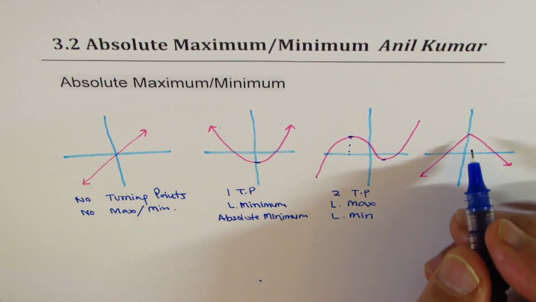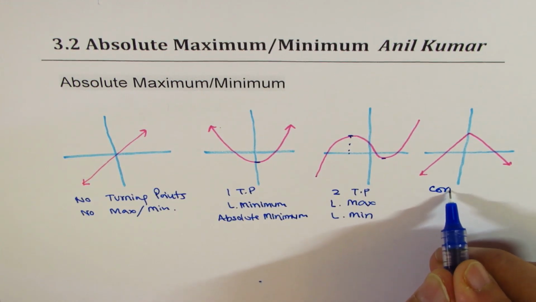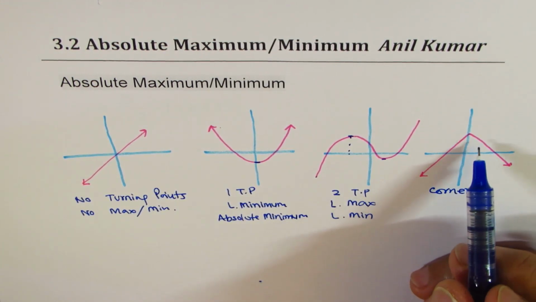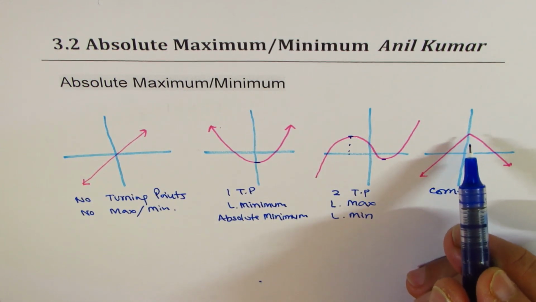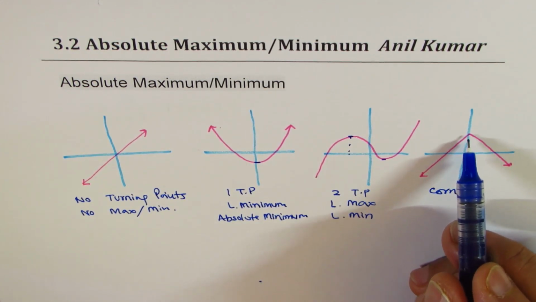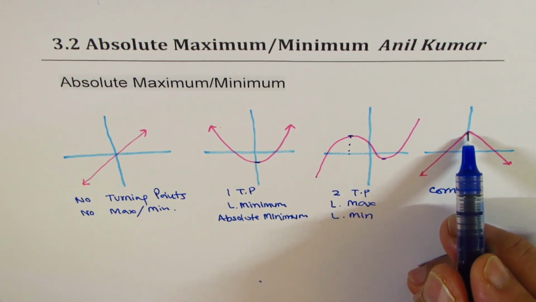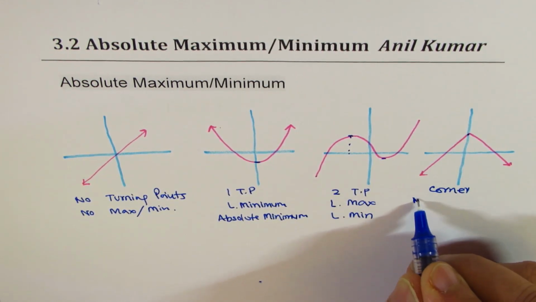Perfect. Now here we have a corner. Normally, you may say a turning point, but we refer to this as a corner. The idea of referring to this as a corner is that at this point, f of x is not differentiable.